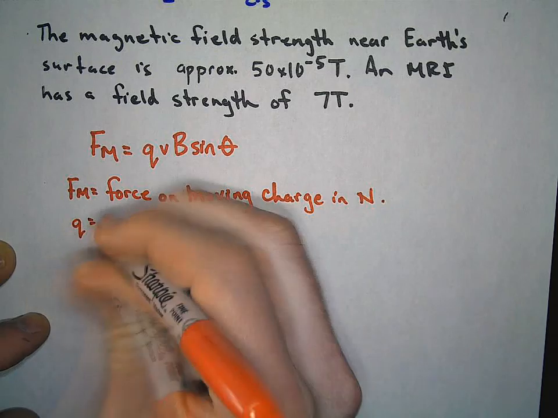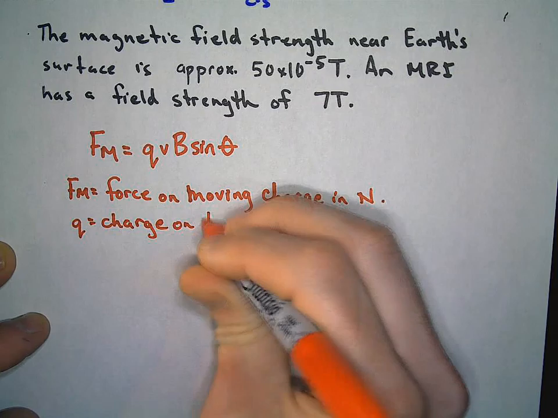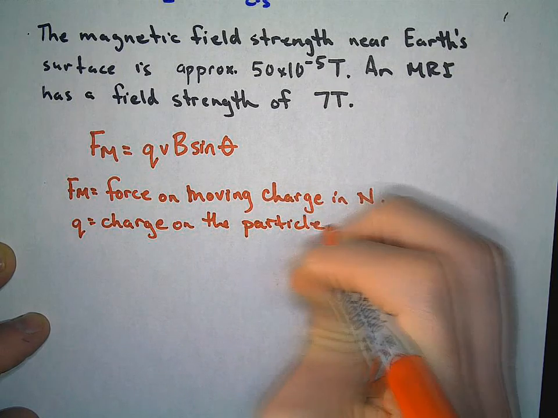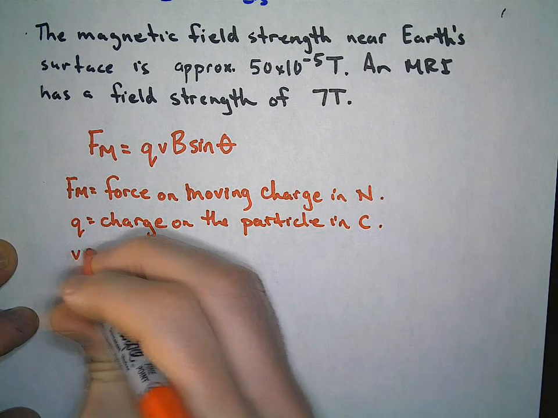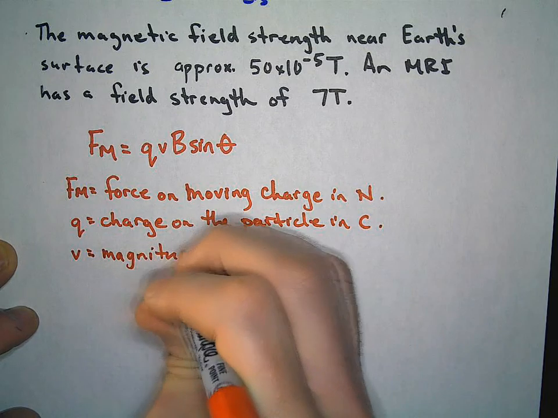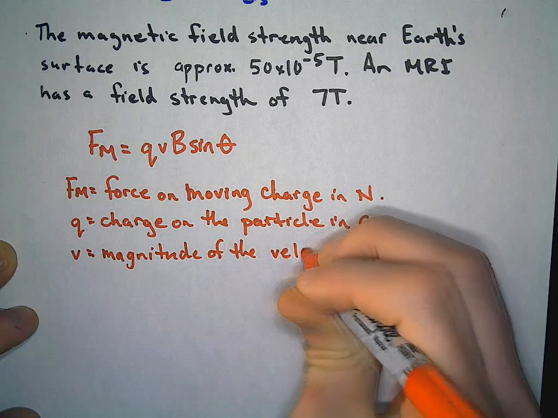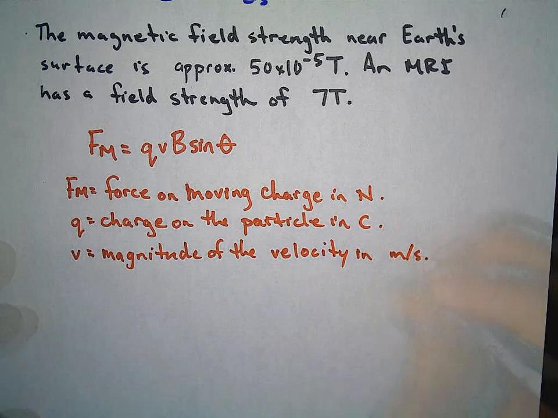Q is the charge on a particle measured in coulombs. V is the magnitude of the velocity of the particle in meters per second.